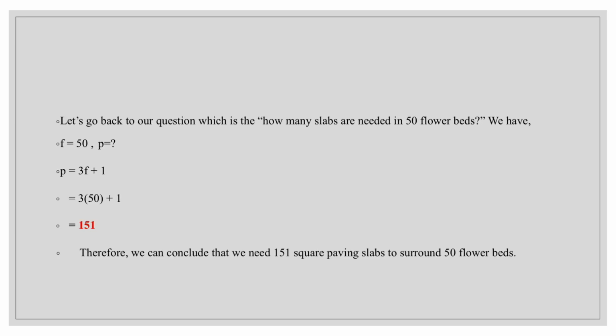We have 50 flower beds, and our formula is p is equal to 3f plus 1. So substitute the value of f, which is 50. So 3 times 50 plus 1. Therefore, we can conclude that we need 151 square paving slabs to surround 50 flower beds.